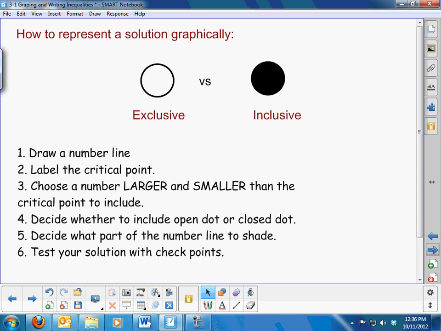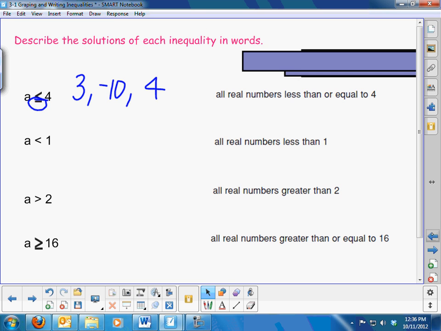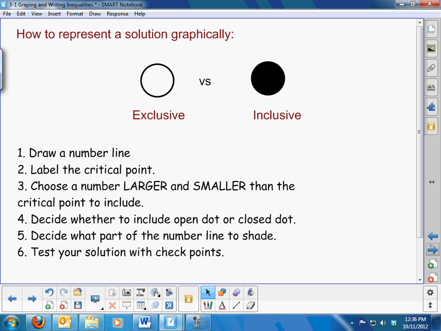All right, now I'm going to take these inequalities on this page, and we need to know how to graph these, how to represent these inequalities on a number line. How do we represent the solutions on a number line? Well, there's something very, very important, and I would absolutely write down all of these steps and the difference between these two circles that I'm about to talk about.